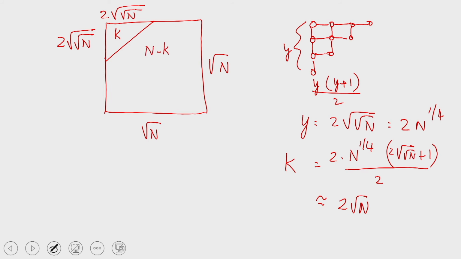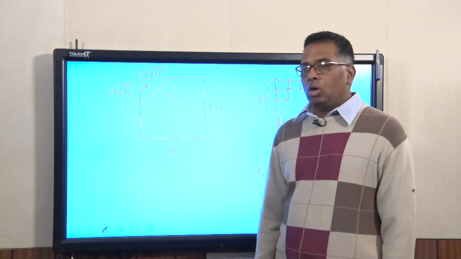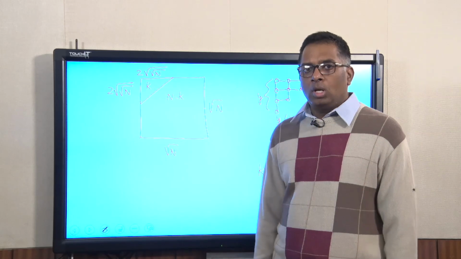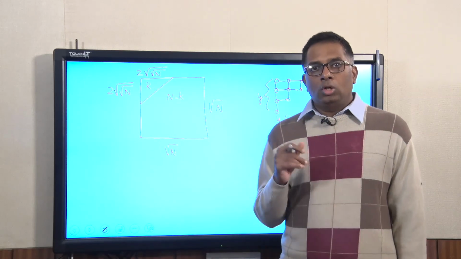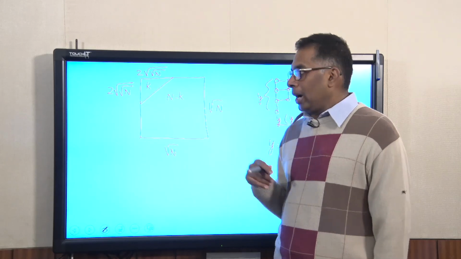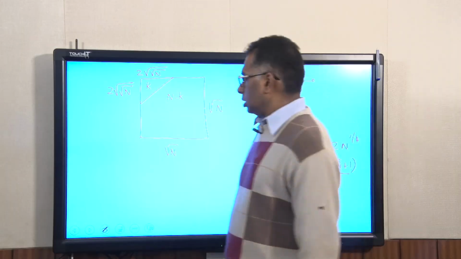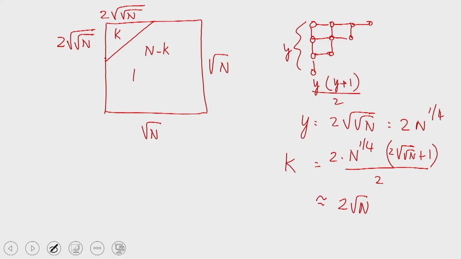Now, this is an adversarial argument. You have found a fast algorithm for sorting on a 2-dimensional mesh. I want to make your algorithm do badly. For the purpose of making your algorithm do badly, I am going to cook up an input. I will cook up an input in this fashion. I will place the elements 1 to n minus k in this part.